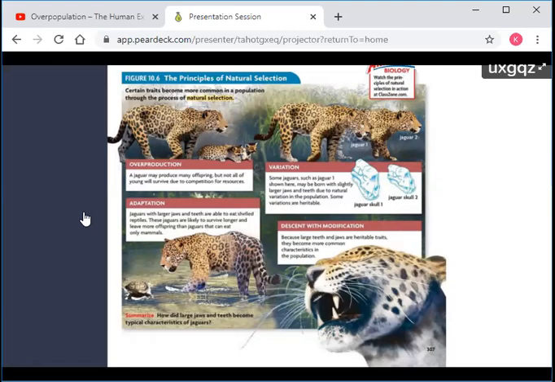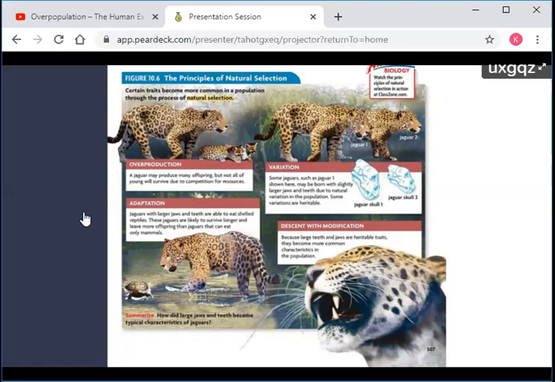Maybe some sort of disease took out a lot of little mammals, like deer. So now these jaguars had to resort to eating turtles. Turtles have a very hard shell, and only the jaguars with the larger skulls were able to eat them. That means the jaguars with smaller skulls probably didn't get enough food, didn't survive, and weren't able to pass on their genes.